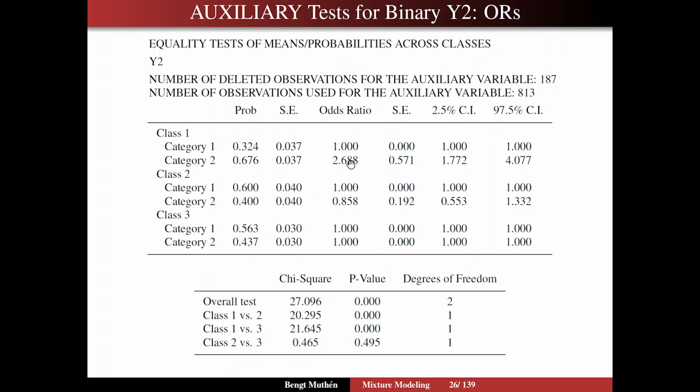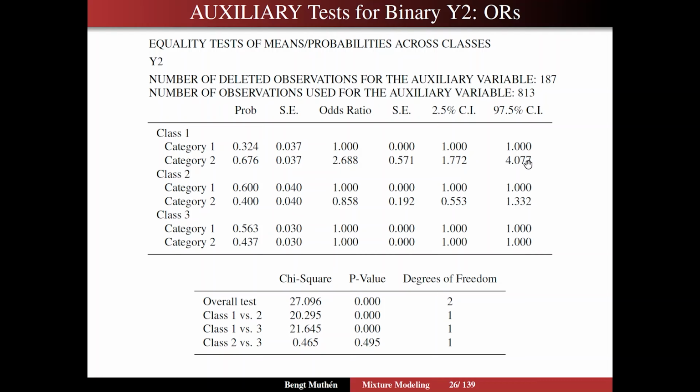And you also get a standard error for that, but more importantly, you want to work with these non-symmetric confidence intervals for odds ratios. So for instance, then for the category 2 of the binary outcome, you have a confidence interval that goes from 1.7 to 4.0.